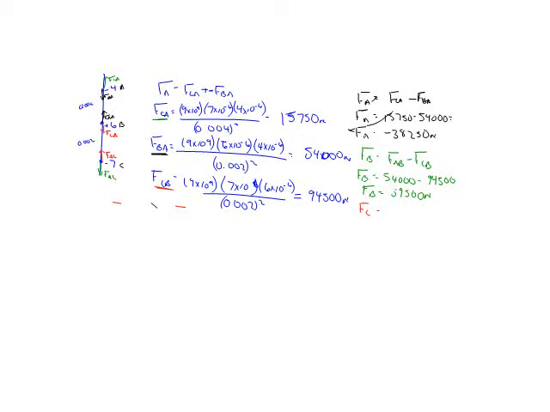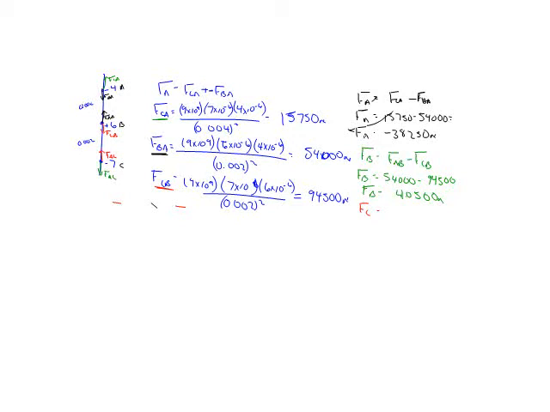I had 154. Oh, that's better. Negative 40. Okay, so the down one wins is also going down.